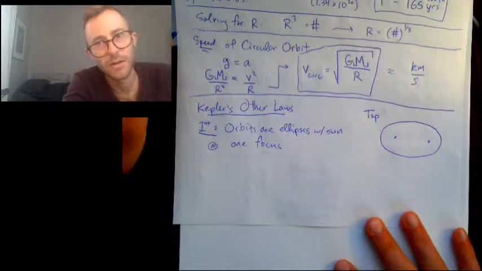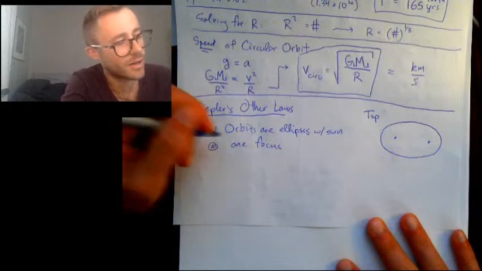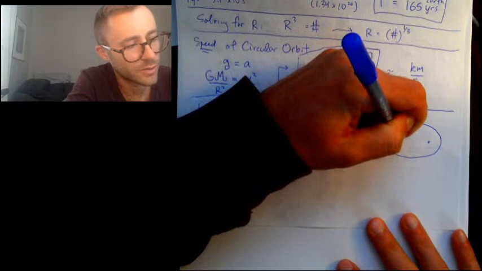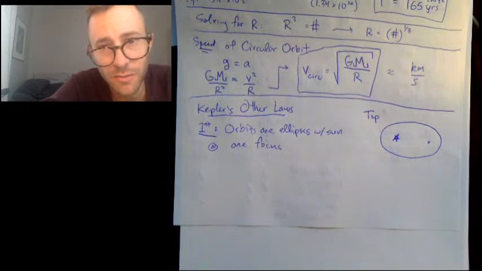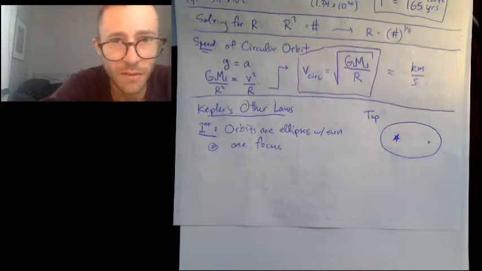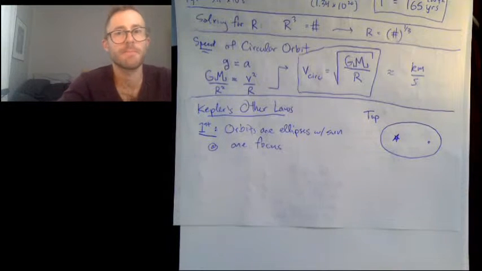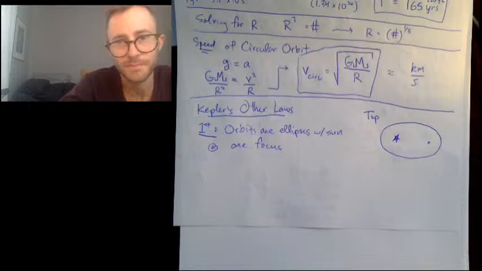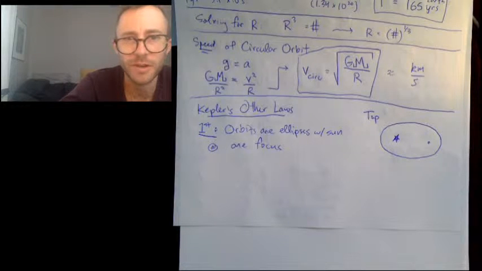And the sun is at one of the foci. So the sun is actually not at the center of the Earth's orbit. It's actually offset. And then there's nothing at the other focus. Just empty space.